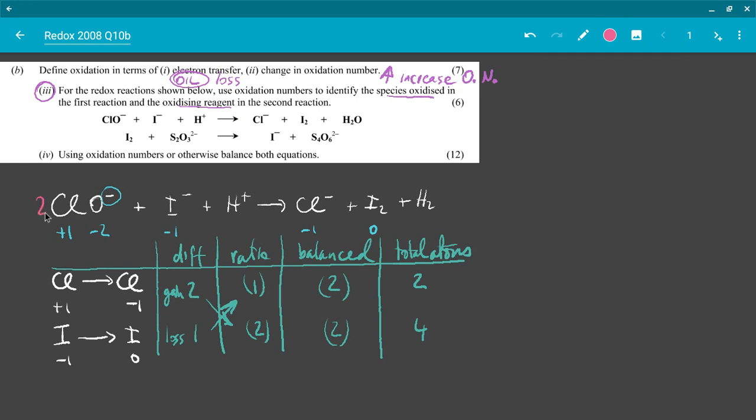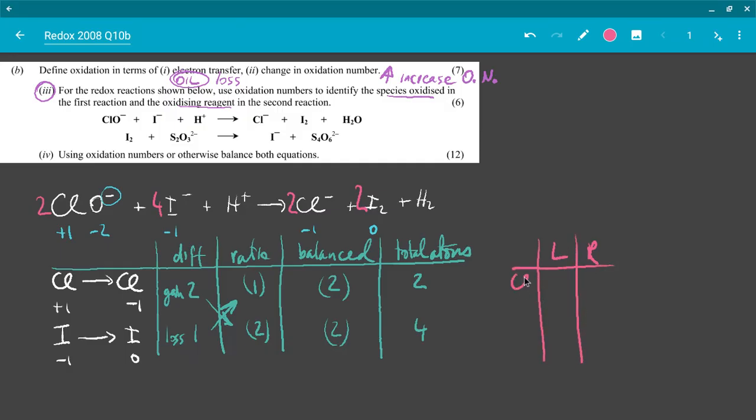So we've got 2 chlorine on the left, 2 on the right, and iodine we've got 4 on the left. We've already got 2 on the right, so we just need a coefficient of 2 there. And let's see how we're doing for the other atoms in this equation.